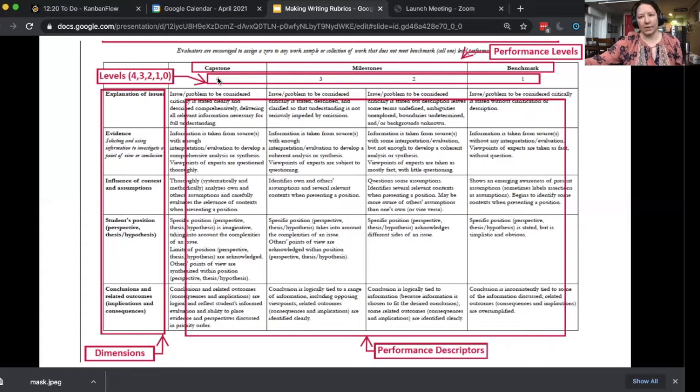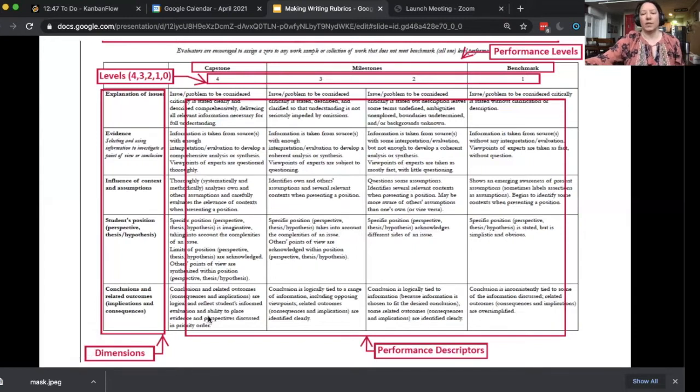One of the things that AAC&U calls for is starting with the highest level, so that you're using a more asset-based approach to your grading than a deficit-based approach. You start with where the student wants to end up and what the highest level is. Below are the performance descriptors, where it explains how these two line up: what in this dimension does this particular performance level look like?